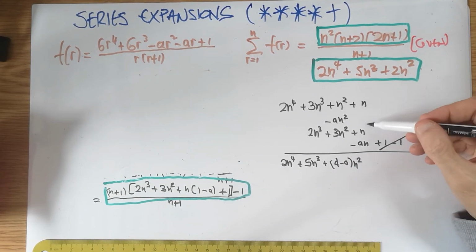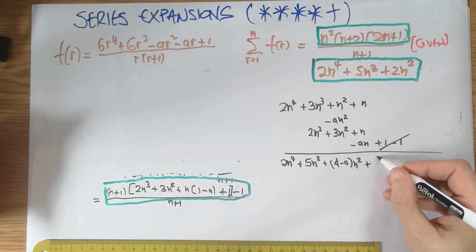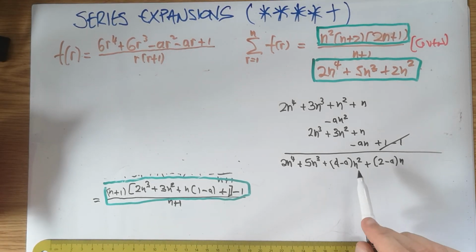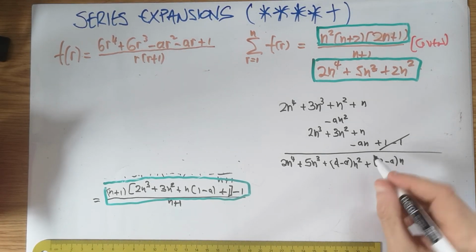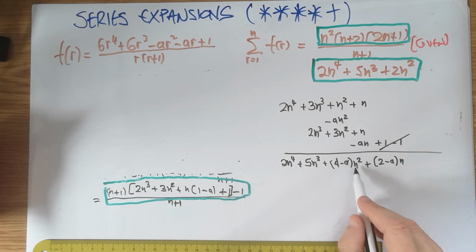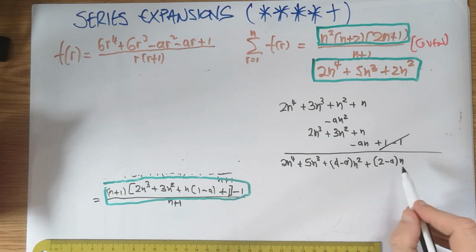And the n's are going to be 1, 2, minus a. So 2 minus a, lots of n. If you cannot see that, take your time, multiply out afterwards. So that's the 4n squared there. And there's the an squared with a minus there. And the same thing, 2n, that's the 2n there, minus an.